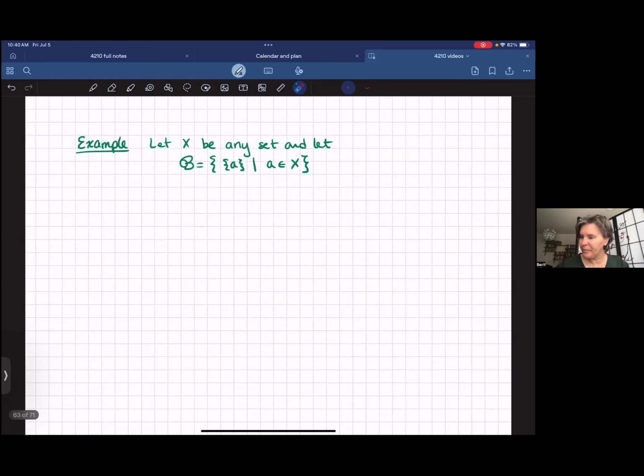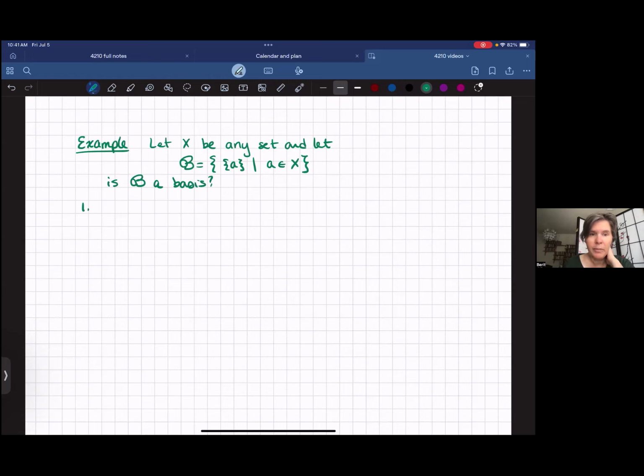Second example. Let's let X be any set at all. It could be just the set {1, 2, 3}. It could be the set of all reals. It could be anything. Okay. And we'll let B be the set of all singleton point sets. So B is the collection of all sets that just have one point in them. Okay. Is B a basis?